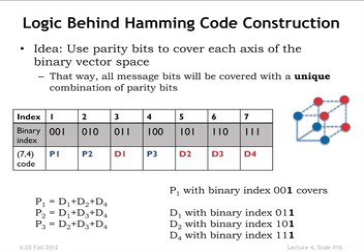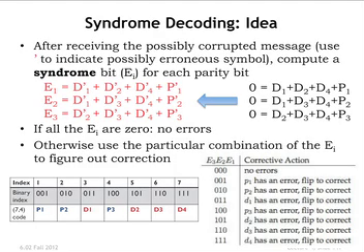For P2, similarly, the parity relation P2 includes the data bits that have a 1 in their second position. So D1, not D2, yes D3, and yes D4. Okay, so the nice thing about that is that when you get a particular pattern of errors, it leads you exactly to the right position in the code word.